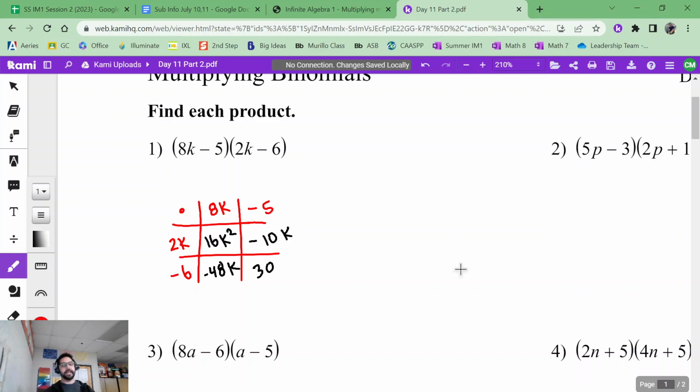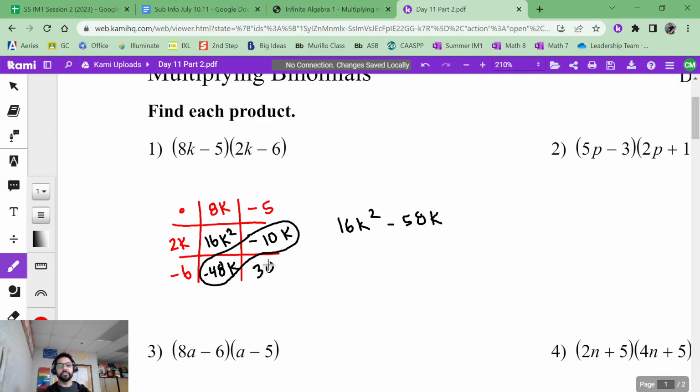Now I can combine my like terms. If you set it up correctly, your like terms are going to be right here. So our answer is going to start with 16k squared. The middle is going to be from -48 and -10, which is -58k.